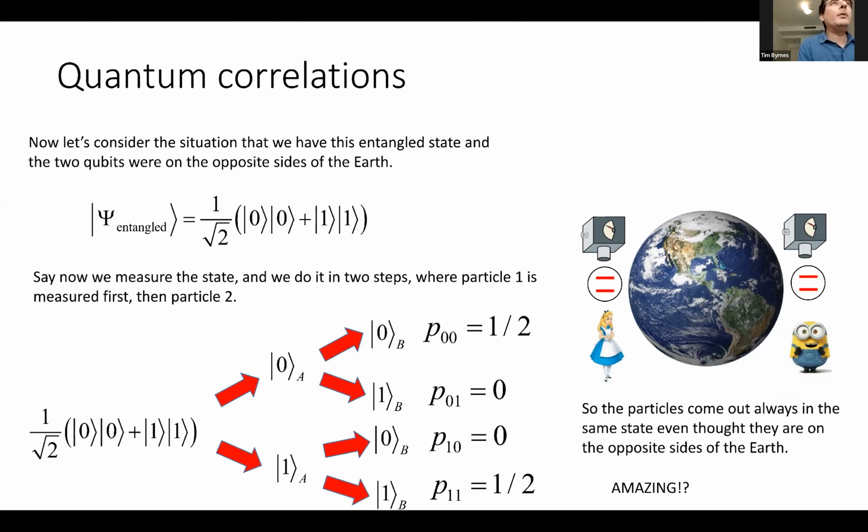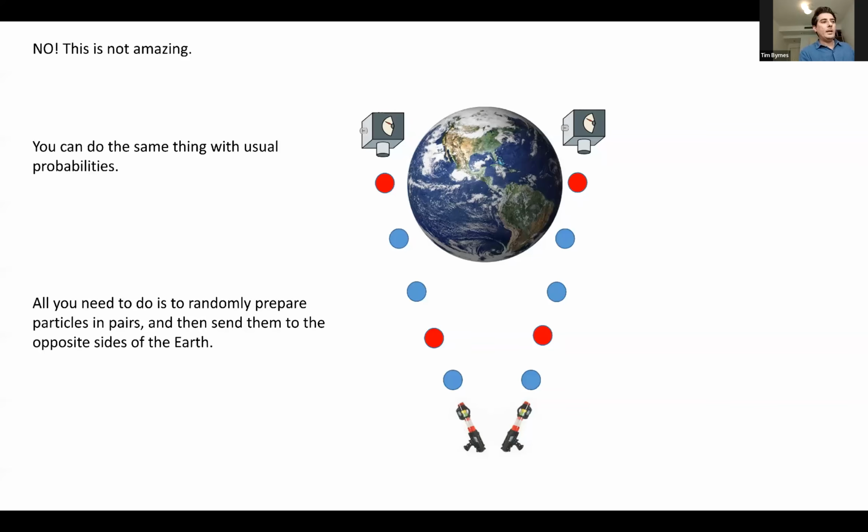So the question is, okay, well, these are correlated, fine. Sometimes, when people talk about entanglement, they say that this is sort of the amazing thing about entanglement. So is this amazing? Well, I would say that actually at this point, no, it's not really amazing at all. Having some correlations is not something that's unique to quantum mechanics.